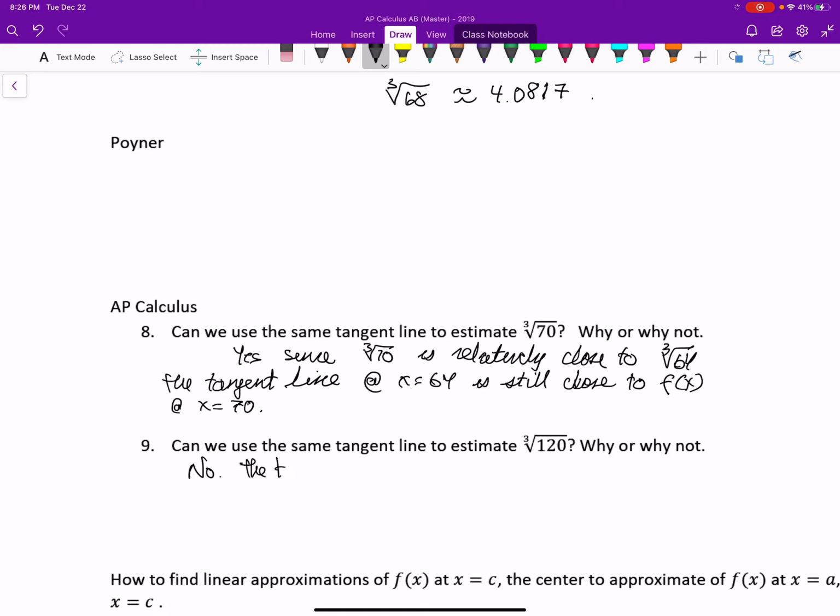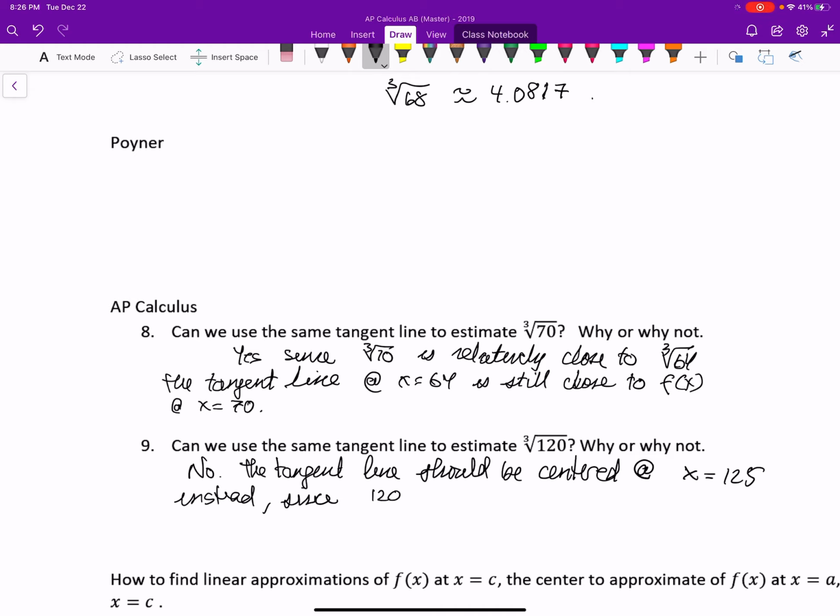The tangent line should be centered at x is equal to 125 instead, since 120 is closer to 125 than 64. And so those are the perfect cubes that we're going to use.